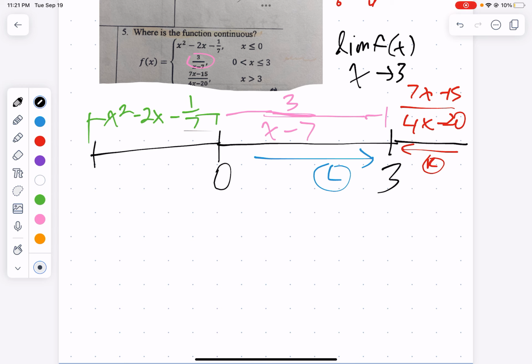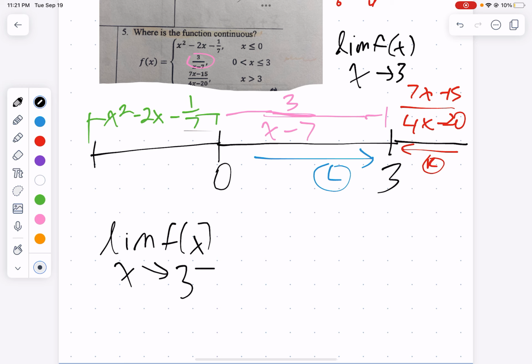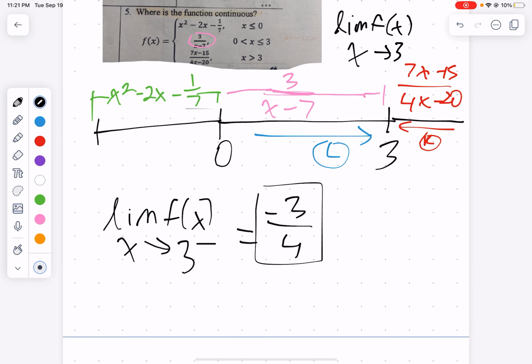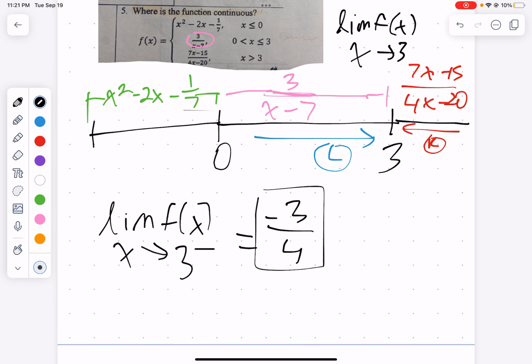All right, so the limit of f of x as x approaches 3 from the left: once you plug 3 into this 3 over x minus 7, you will get negative 3 over 4. Alrighty. And that's from the left.